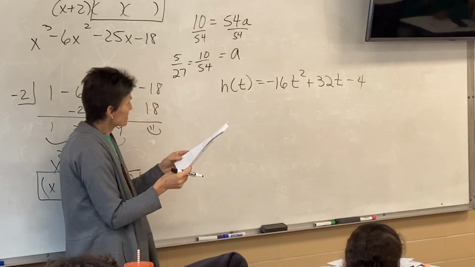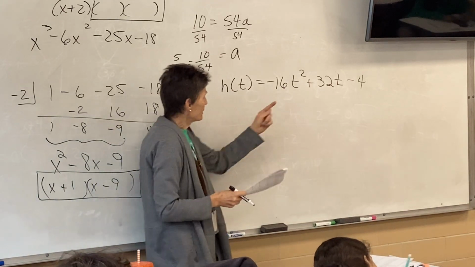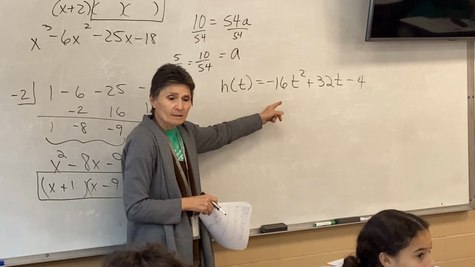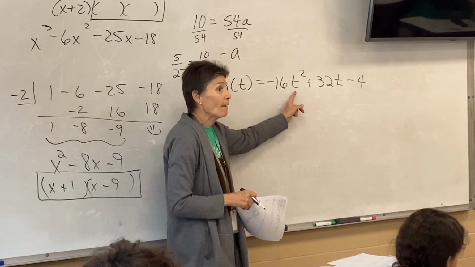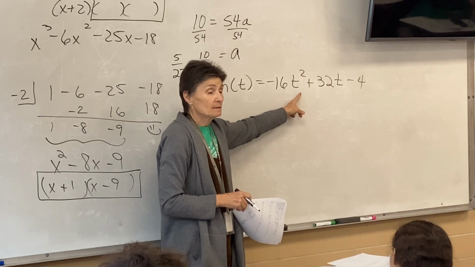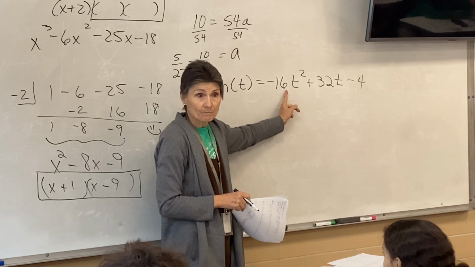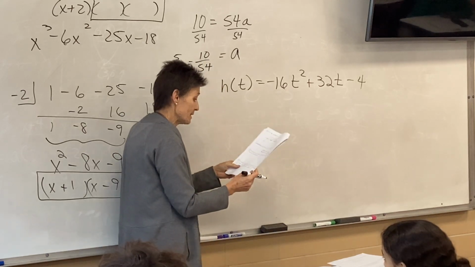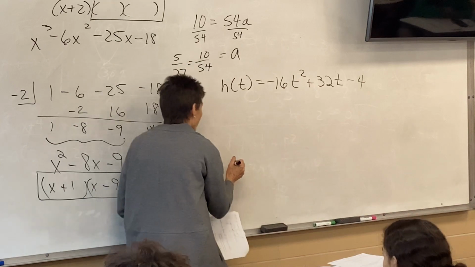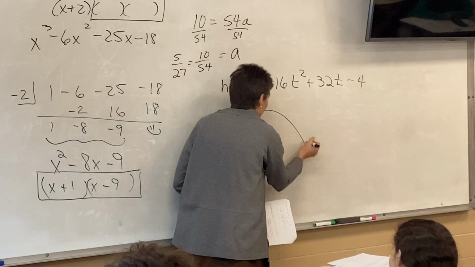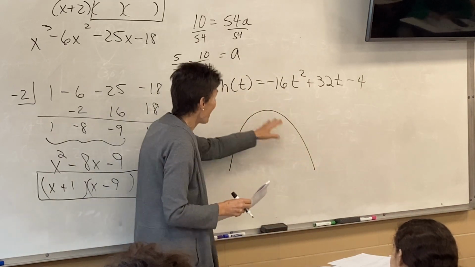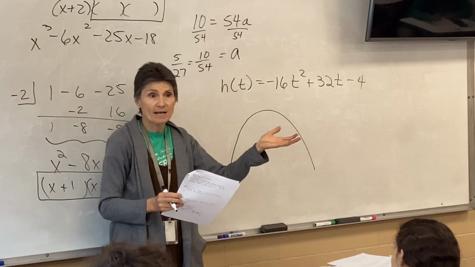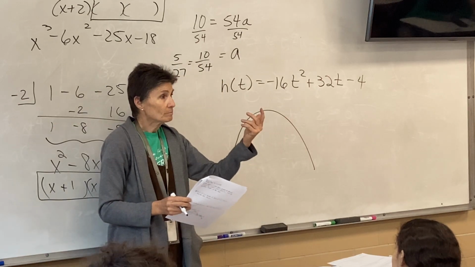Would you agree this is a parabola opening down? Yes. So what's happened is we have thrown a ball up into the air, and this is its path. That makes perfectly good sense, right?